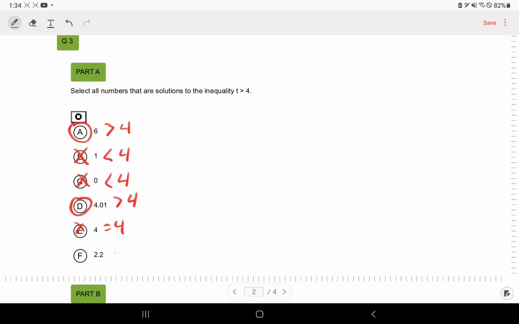And 2.2 is less than 4, so that doesn't work. So it's A and D.